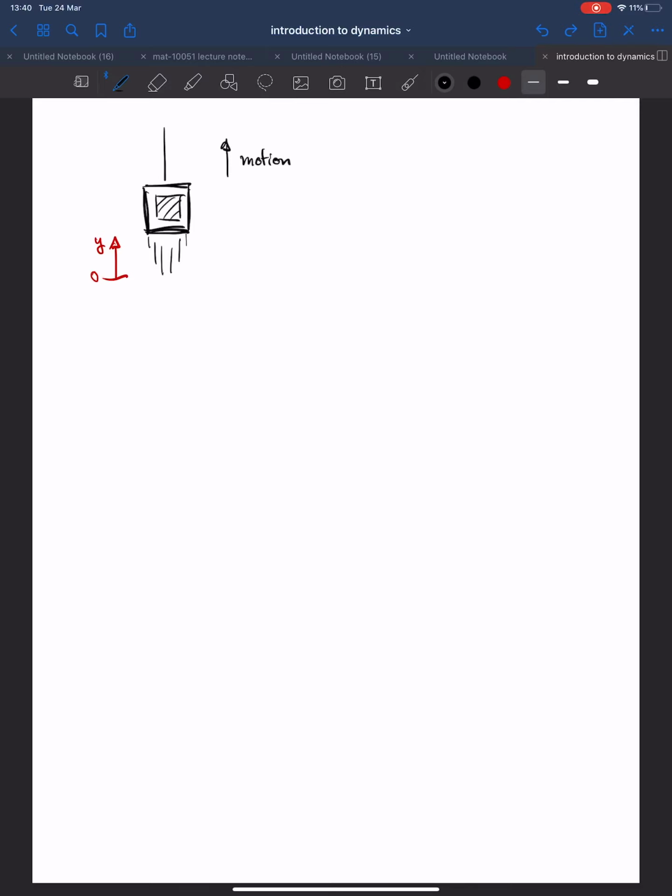Okay, so what about this balance of the forces? So we have forces. What we get is, of course, the usual force that acts on the crate. So this is gravitational force.